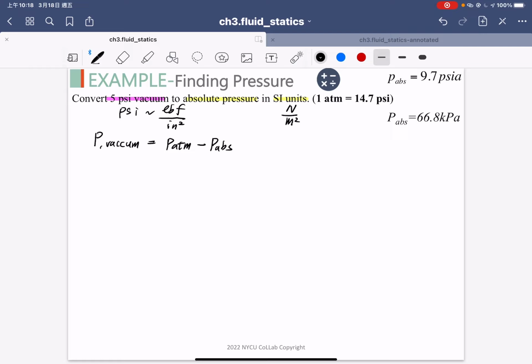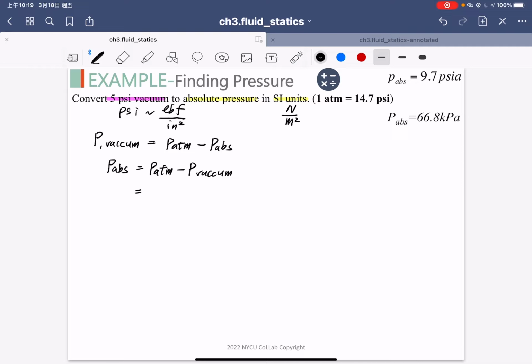So very simple. If we follow this formula, we reorganize the equation. Indeed, P_ABS is equal to P_ATM minus P_vacuum, right? So you just put the numbers inside.